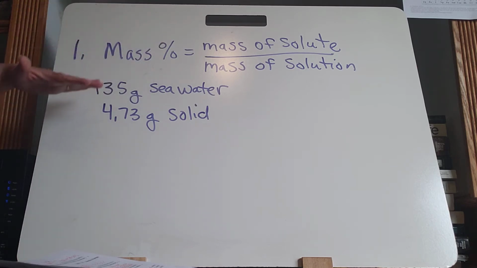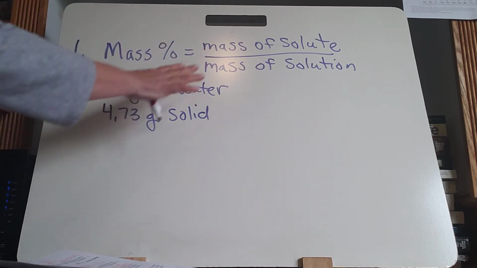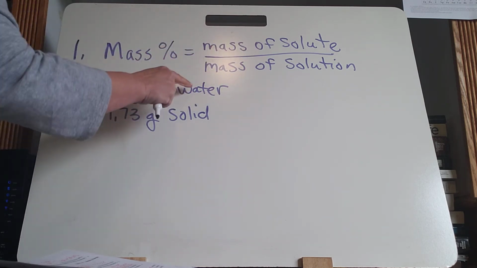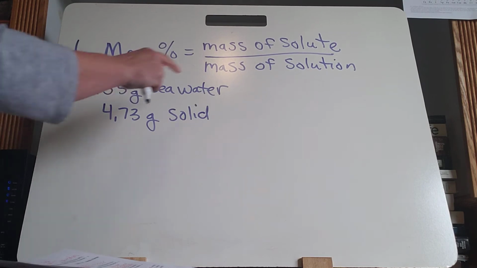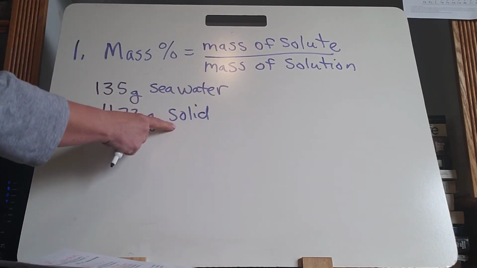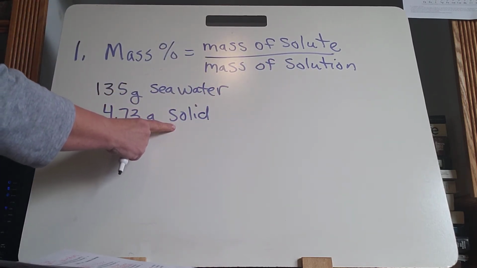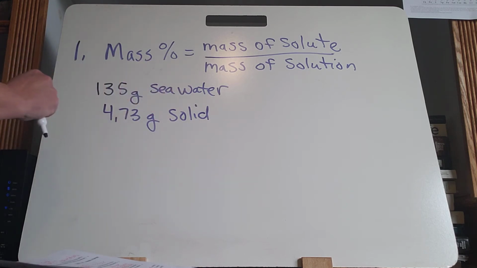So here's our formula. And I'm going to switch out my pen to have a little different color here. So I'm looking at this. Seawater is a solution that combines the solids, the minerals, plus the water.